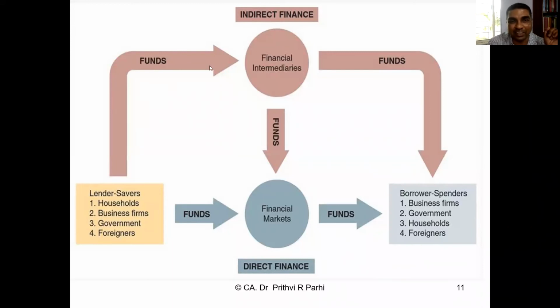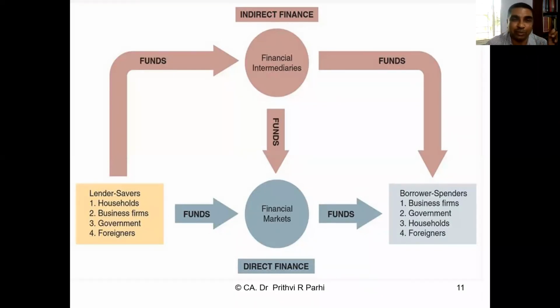And this we call indirect finance. Are you understanding what is indirect finance? But if money comes directly, let us say the household sector or the financial market directly gives money, that is called direct finance. Two possibilities are there: indirect finance and direct finance.